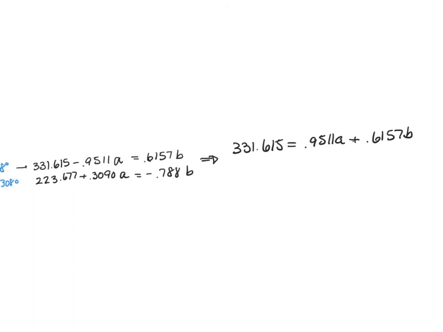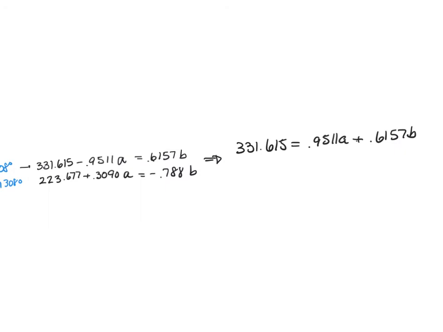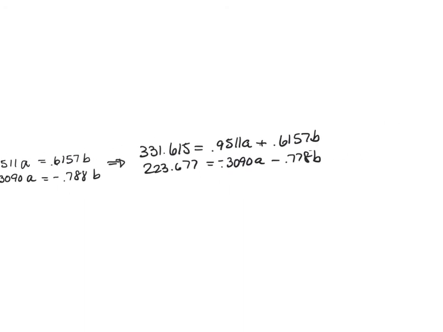And then 223.677 is equal to negative 0.3090A minus 0.778 in the B direction. That way, when I pull off the coefficients, I will do that correctly. So I'm going to go ahead and throw that in my calculator with the matrix, and I'll tell you what the answer is.